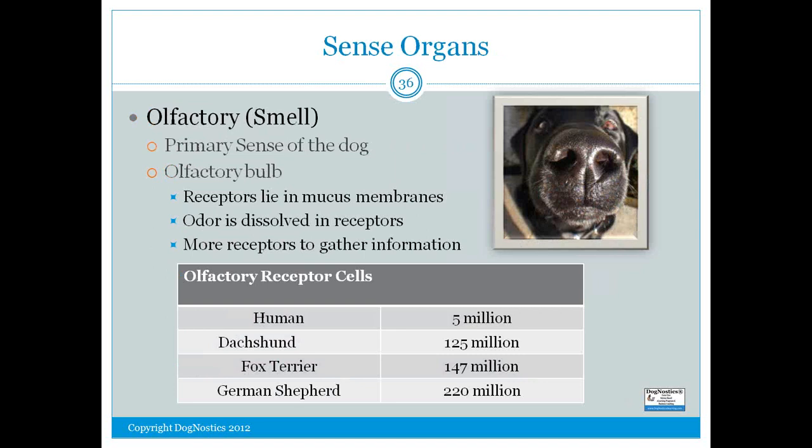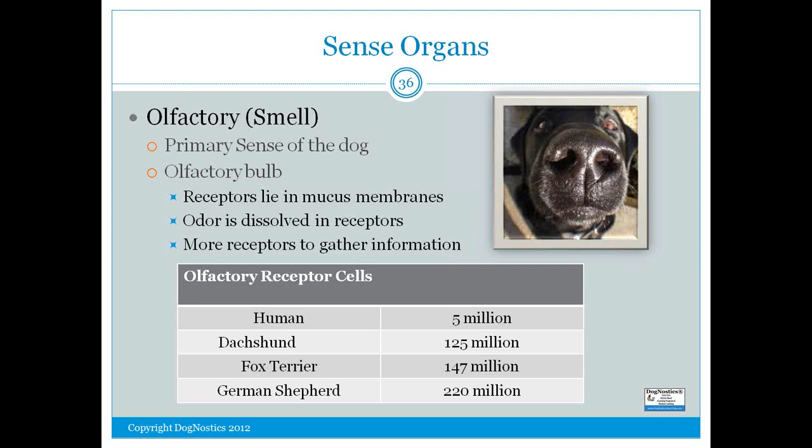Now, the olfactory bulb is actually the receptor in the brain that interprets information, but dogs also have lots of receptors in the mucous membranes of their nasal passages. And the dog's nose is so much longer than ours, it automatically allows them to have a lot more receptors to get more information about what's going on. So just for example, a human, we have 5 million receptors in our mucous membranes.